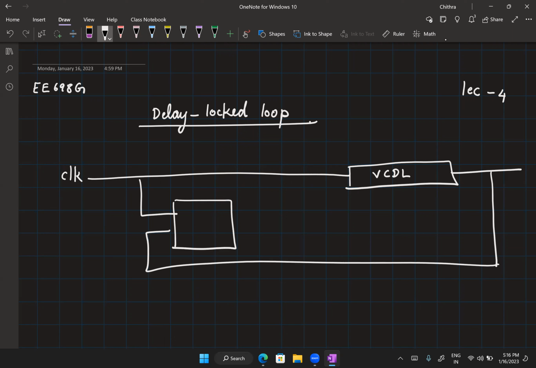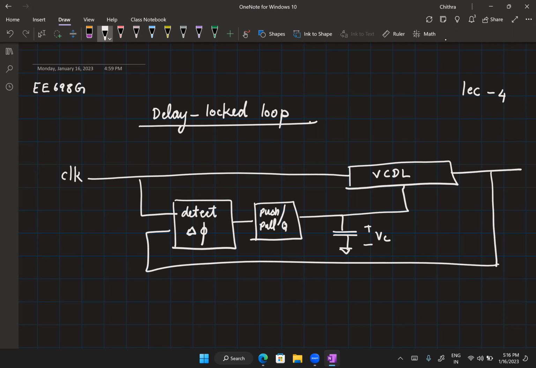So we first detect the phase difference. And based on that, we are going to push or pull charges from a capacitor. This will develop a steady state voltage across this. And the steady state voltage is going to be used to control the voltage controlled delay line.